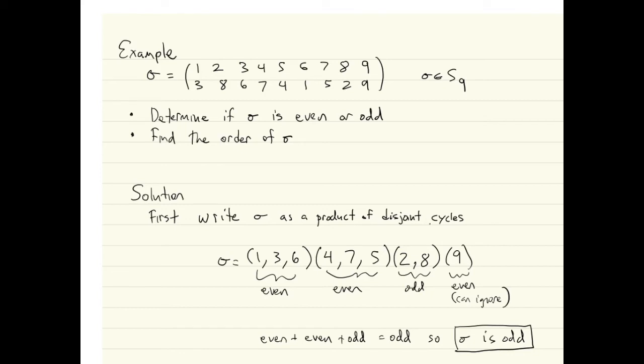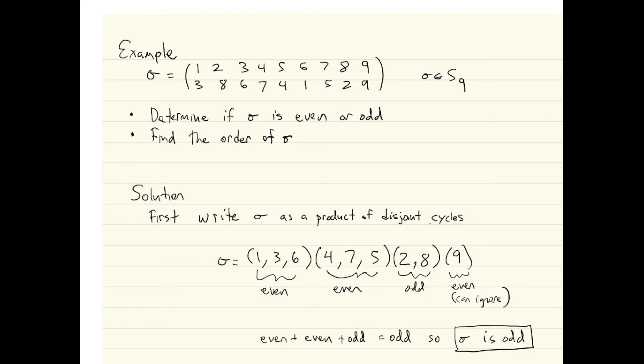So similarly here, this is a 3-cycle, again cycle length 3, so that's an even permutation. This here is an odd permutation because it's a transposition, a cycle of length 2. 2 is even, so the permutation is odd. And then 1 is odd, so the associated permutation is even. Here I said you can ignore this.